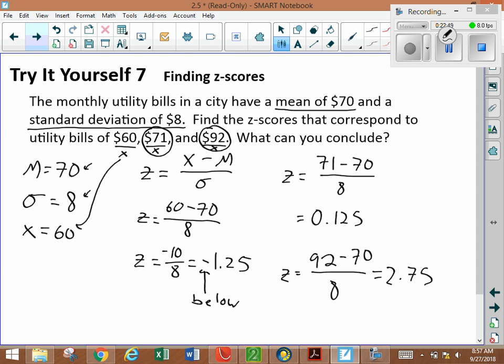Now, an interesting thing to think about. Of each of these three z-scores, which one do you think is the most common, or the most average? Think about that picture that I drew.